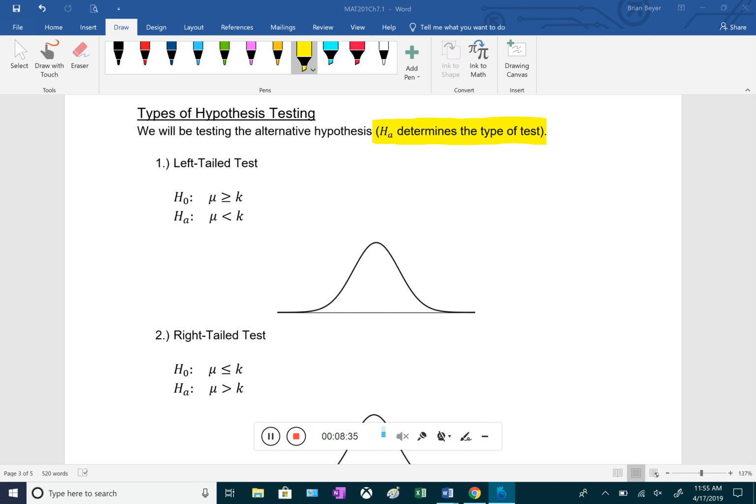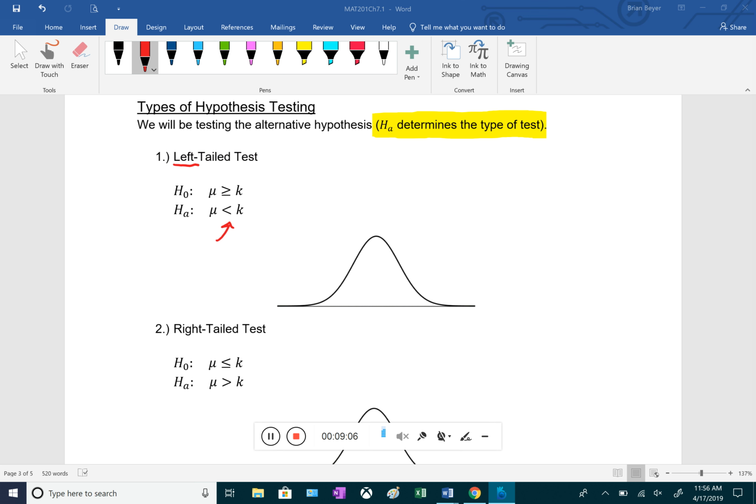For the first setup, the null is mu greater than or equal to k, and the alternative is mu less than k. This is a left-tailed test, and it's a left-tailed test because the alternative is mu less than k. So left-tailed because of the alternative being less than.